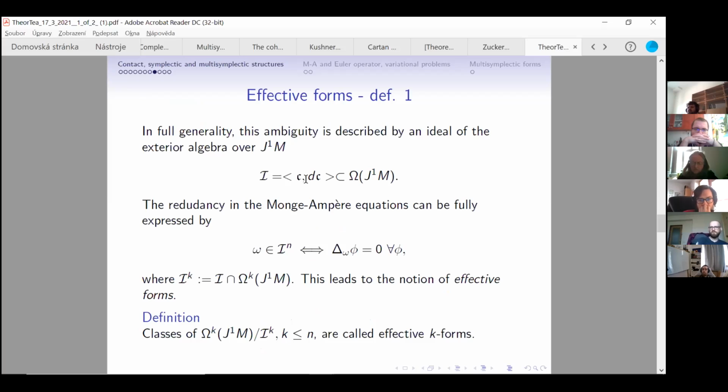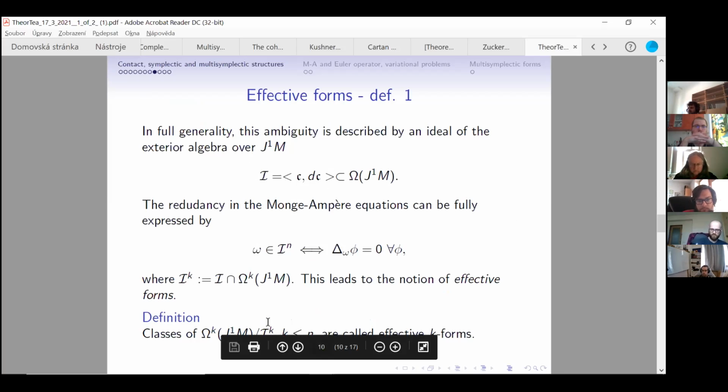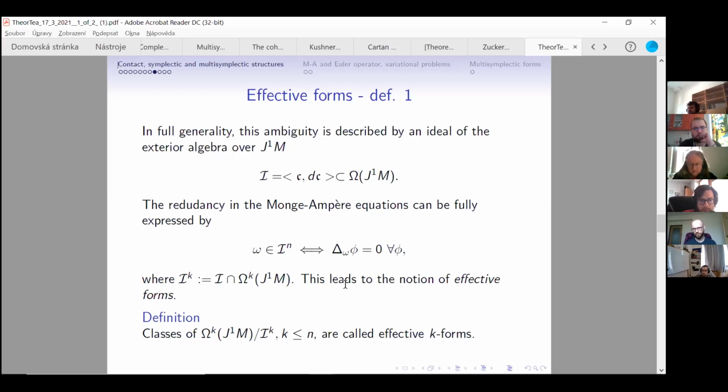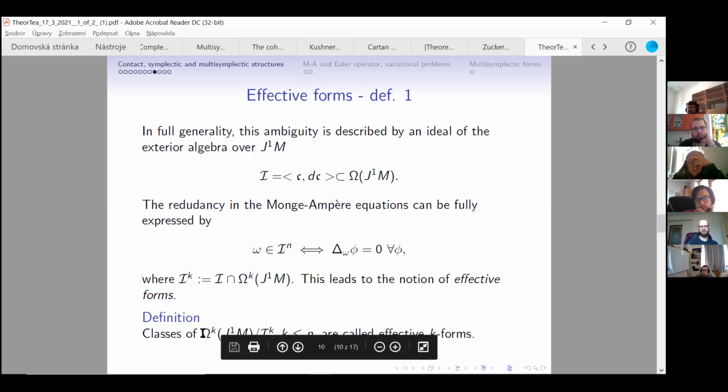The ideal generated by C and its exterior derivative is precisely the ideal of all forms that generate empty equations. Whenever we have an n-form in this ideal, then for every phi the corresponding equation will be 0. So we call an effective form a class, an equivalence class, which is an element of the quotient space. We simply factor out the redundancy.